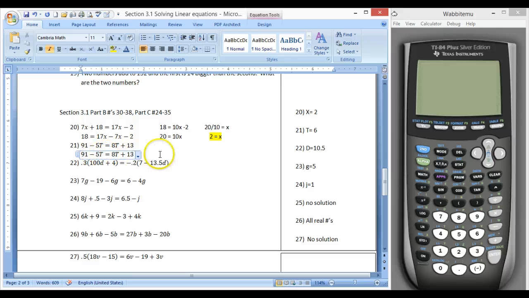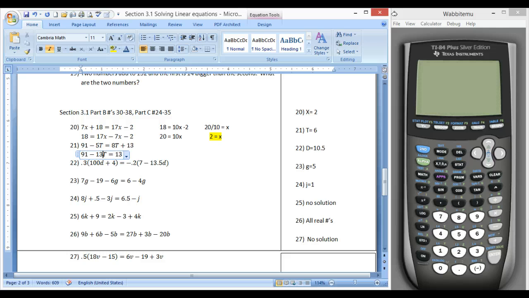Okay, so I want to subtract 8t. And if I subtract 8t over here, it cancels out. So I'm going to delete it, and then on the left-hand side, negative or subtract 5t minus 8t gives me a combined total of minus 13t.